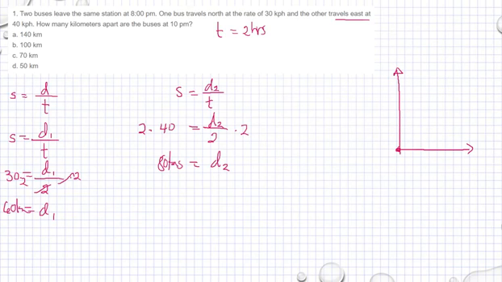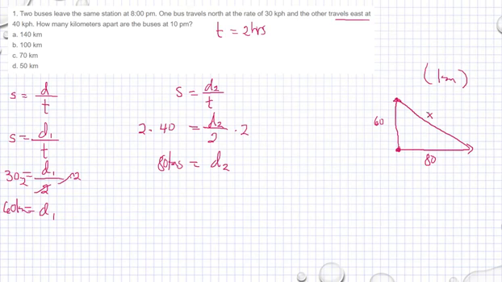Maybe I'm not that good at drawing. We have here, this distance is 60 and this one is 80 kilometers. I will put kilometers here, such that we're going to find this one.